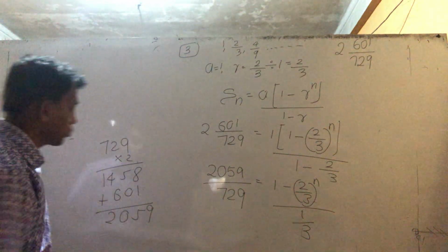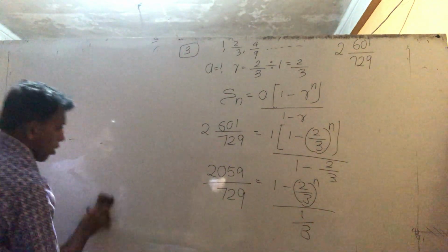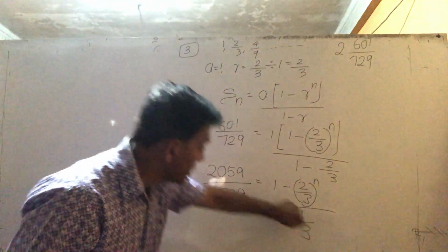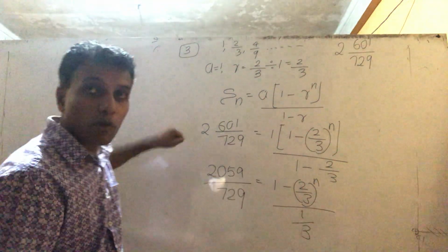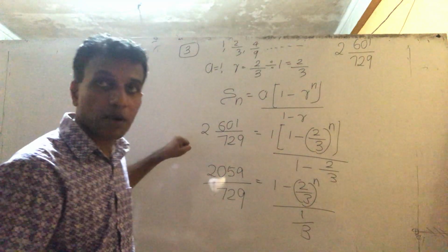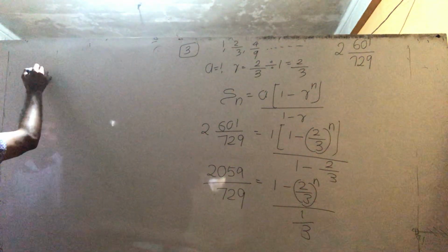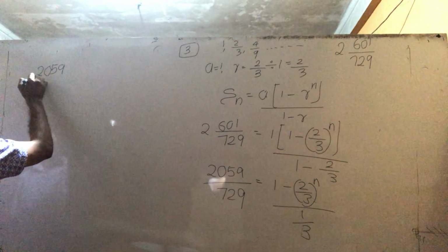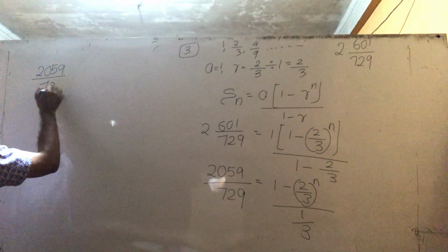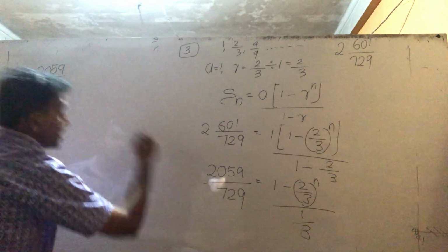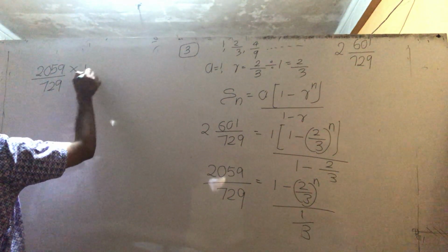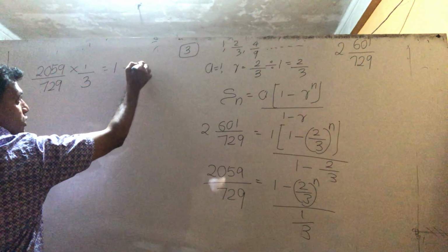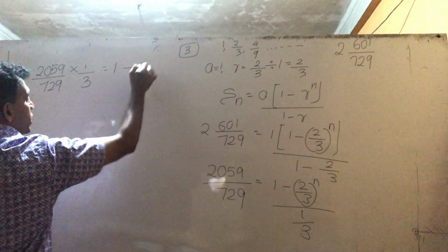Every step is important here. I am showing all the necessary steps here. Hereafter, multiply this 1/3, because that side division, that side multiply. So 2059 over 729 multiply 1/3. That side 1 minus 2 over 3 power n.